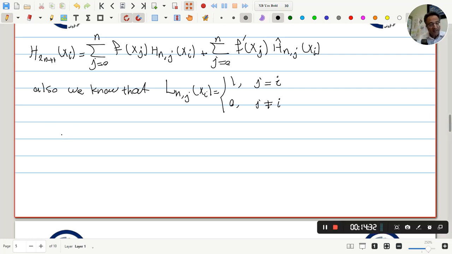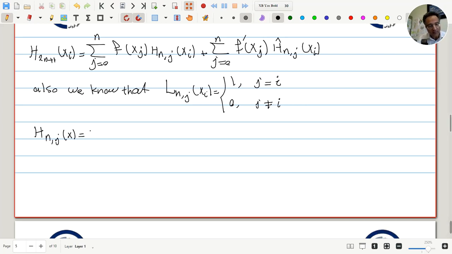Now, let me have a look at h_{n,j} at x. We wrote in the first part of this lecture that this is equal to 1 minus 2 times (x minus x_j) L'_{n,j}(x_j) times L_{n,j}(x) squared.